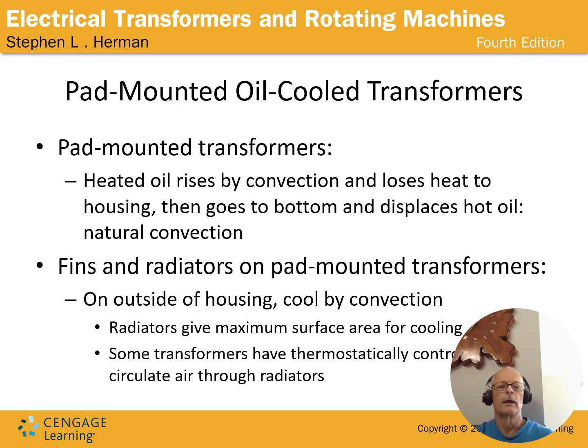Whatever kVA it has, it has to be able to disperse that much heat. And so some transformers have thermostatically controlled pumps or fans to circulate air and oil so that the oil continually moves and is cooled to the degree it needs to be.